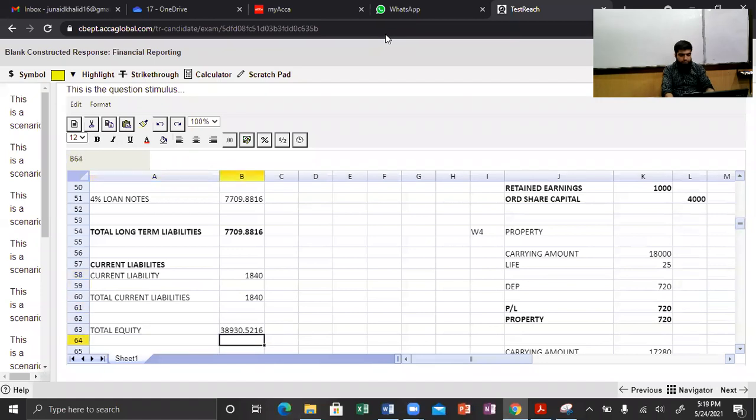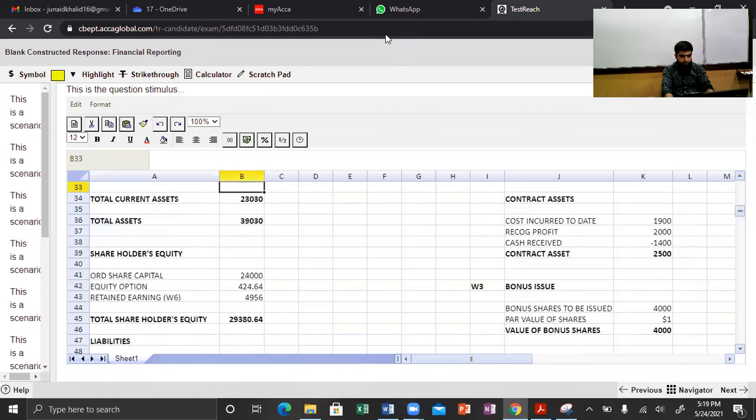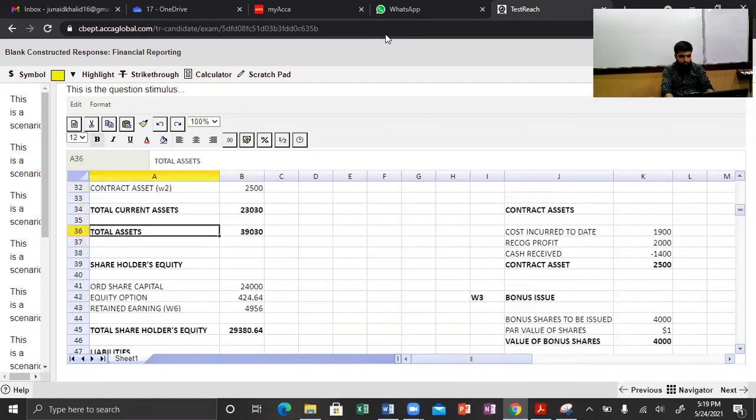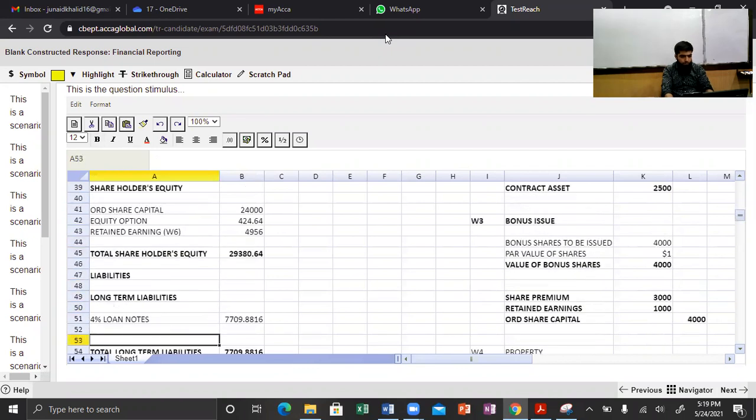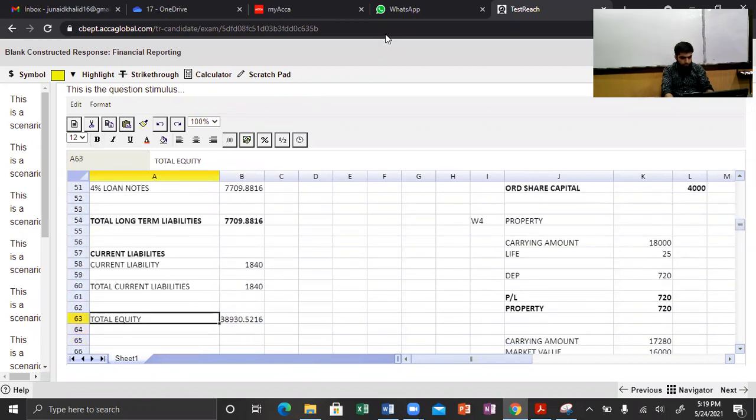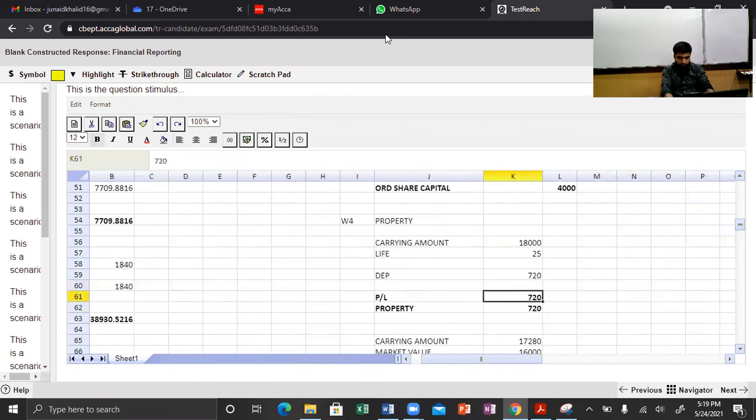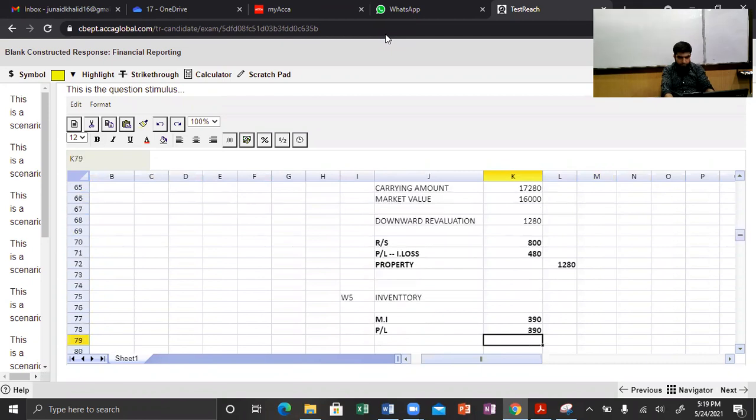So the total equity is 38930 and the total asset is 39030. Something went wrong. The equity and the asset side is not equal, and that is the major concern for every account student. Let's see, is there anything which we have omitted?